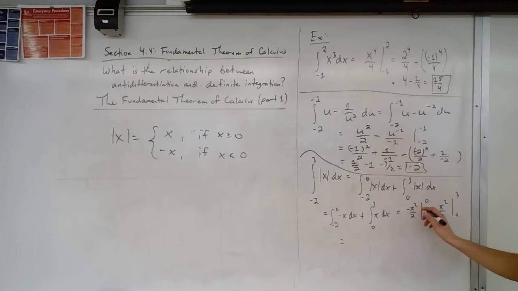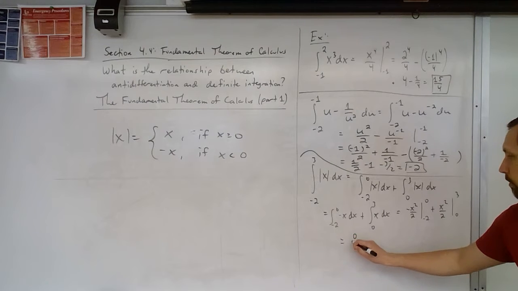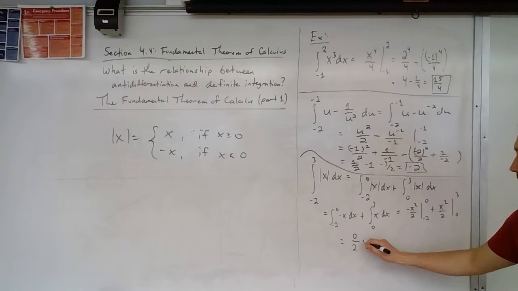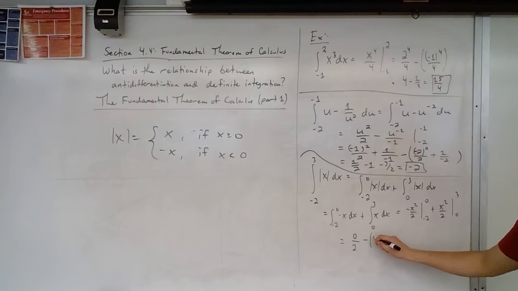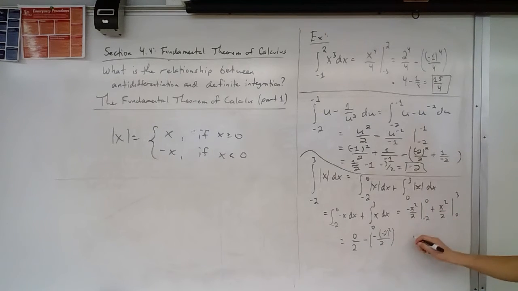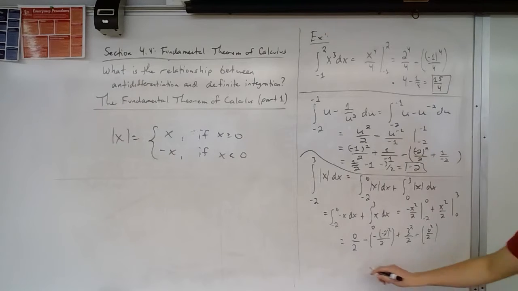So I have, the top goes in first, so I have 0 over 2, and then I do minus whatever I get when I plug in this -2. So I have a negative of -2 squared over 2. That's the first. And then over here I have plus 3 squared over 2 minus 0 squared over 2.